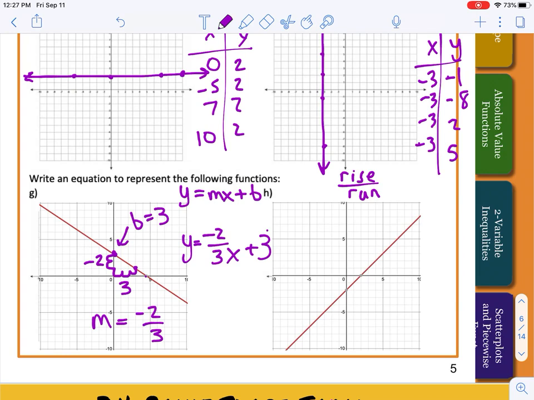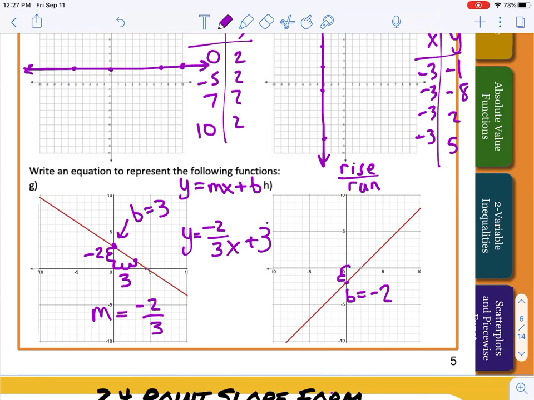And the last one, we have a y-intercept of negative 2. And we have a rise over run, 1, 2, positive. And to the right, 1, 2, positive. So our m so far is 2 over 2, but make sure, like I said, to reduce that.